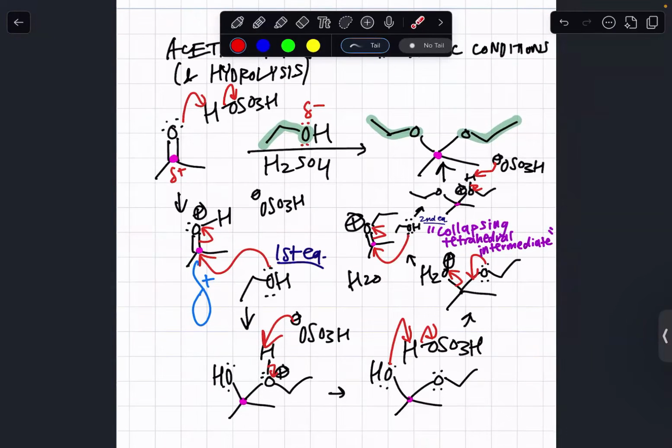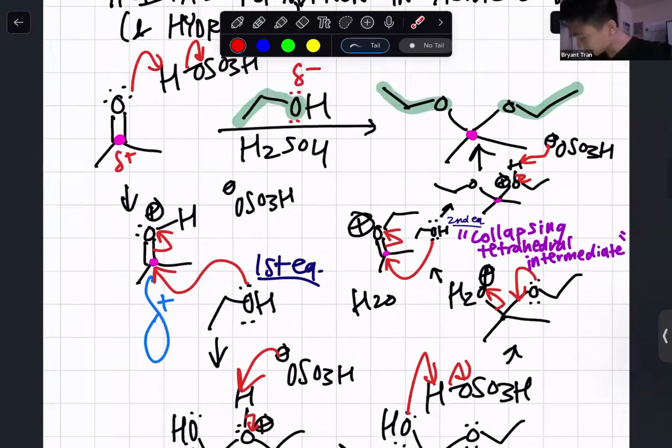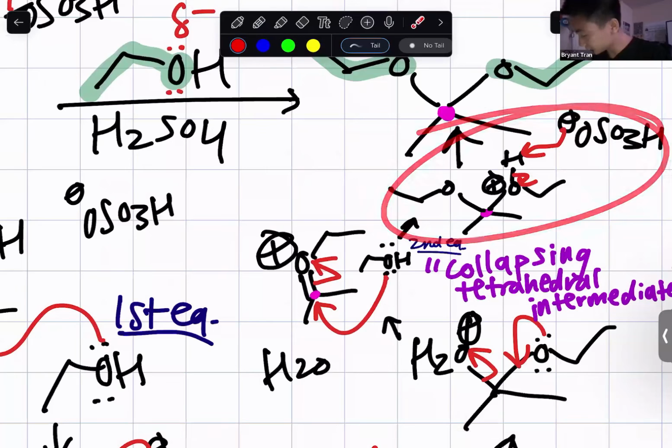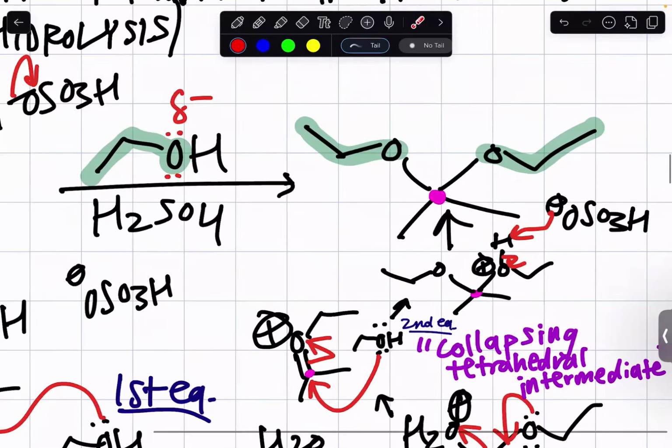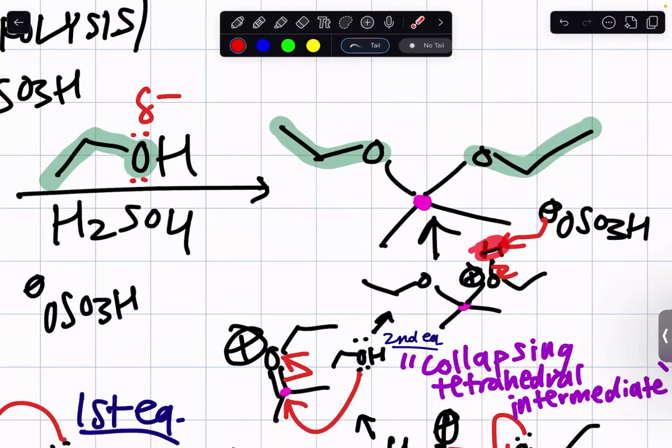So you have the oxygen forms a double bond, and then you kick off the H2O, and then what happens after that? You add another OH, this step over here. Okay. So this right here is a proton transfer step because we're using HSO4 minus as a base to get rid of this hydrogen over here on this oxygen, right?